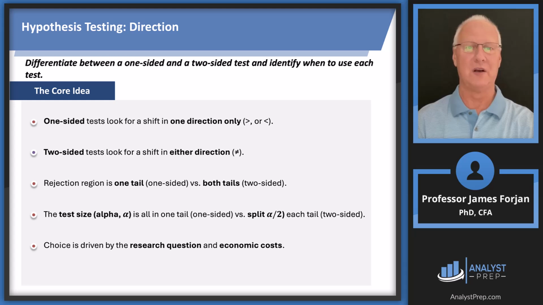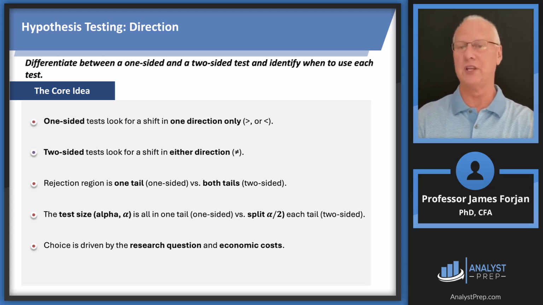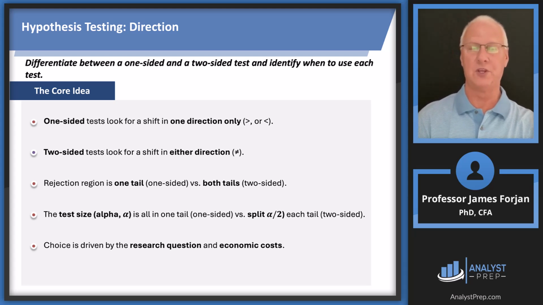Let's get back to this idea of a one or two-sided test. If the question stem reads something like "better than" or "worse than," that's probably just one direction, so you're going to use the greater than. A two-sided test is one in which you're going to use an equal sign or an unequal sign.